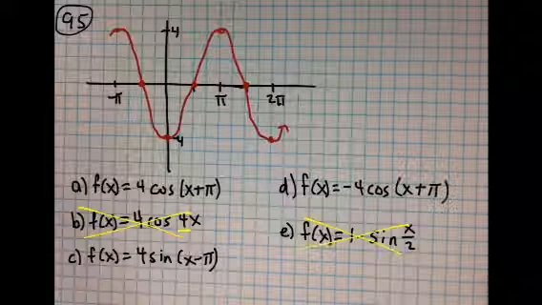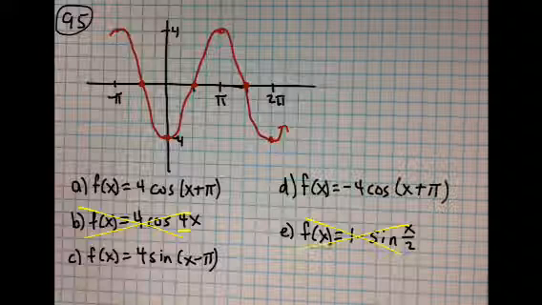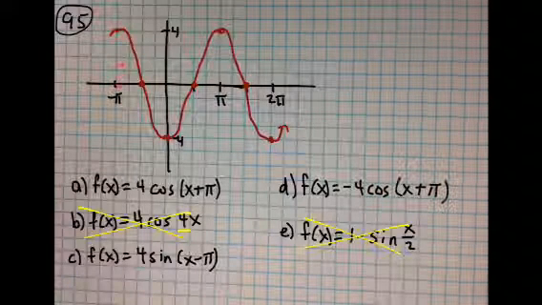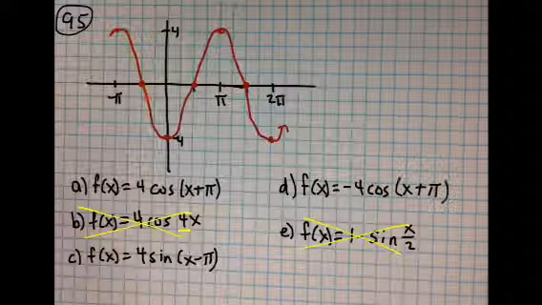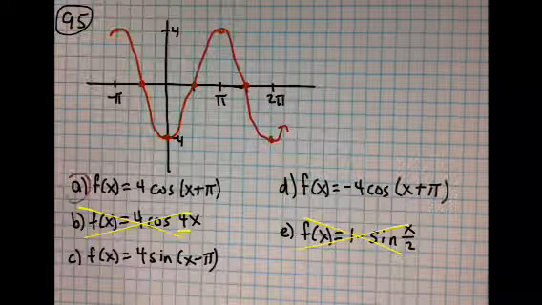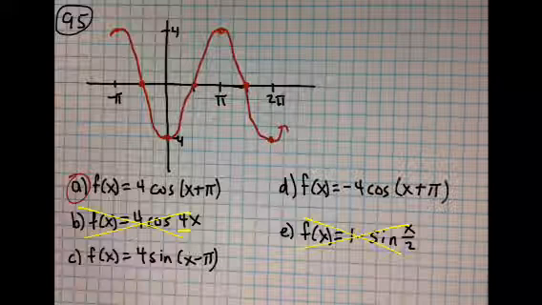So for A, that means that you translate it to the left pi units, so that would be like right here, and that it's a 4 cosine. That makes sense, right? It's positive 4, and then it continues. So it looks like it's going to be this one, but let's just check the other ones real quick.